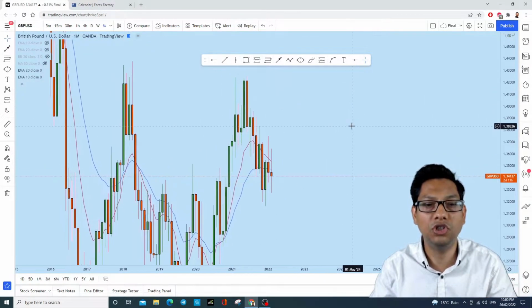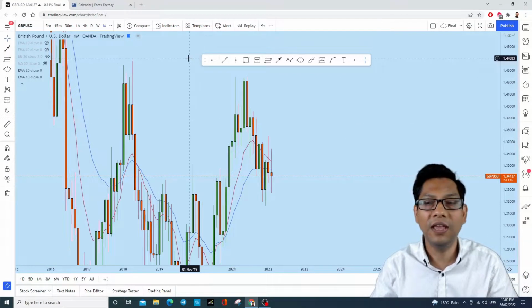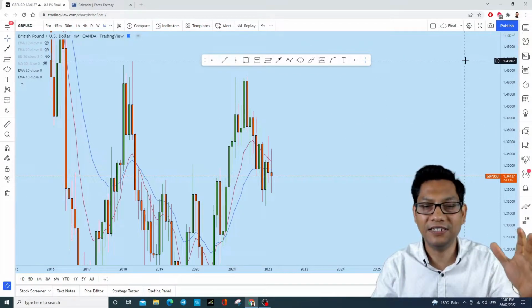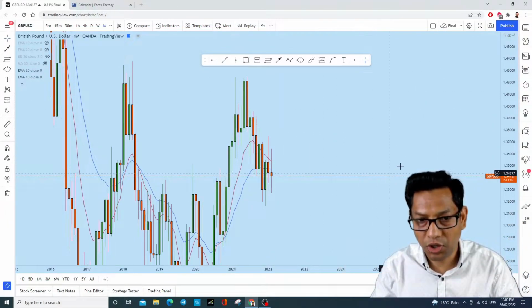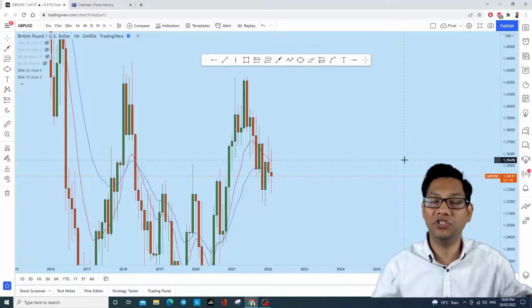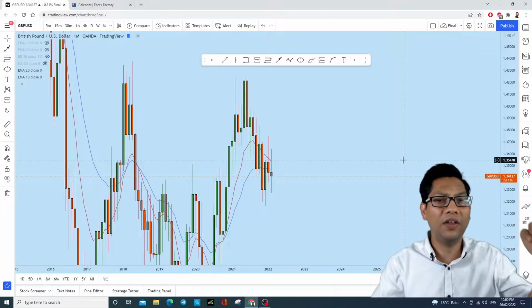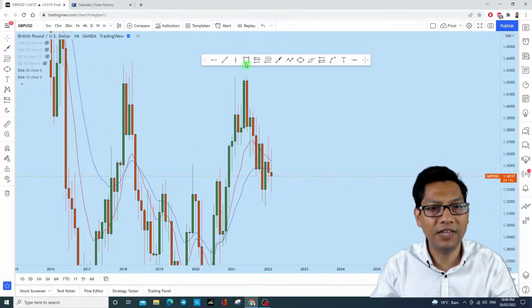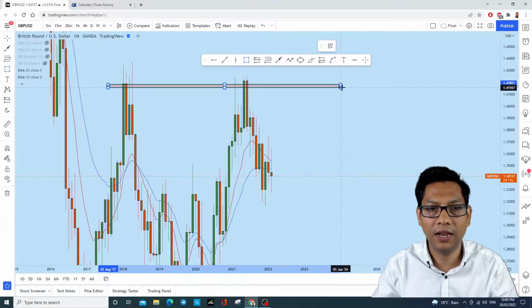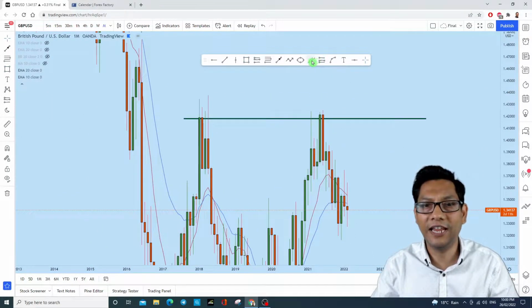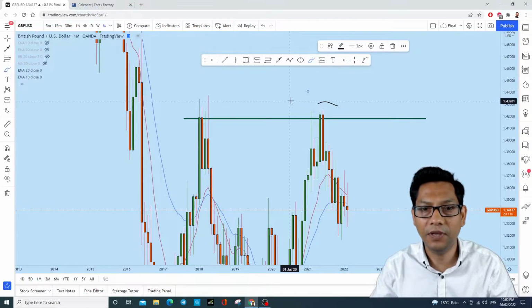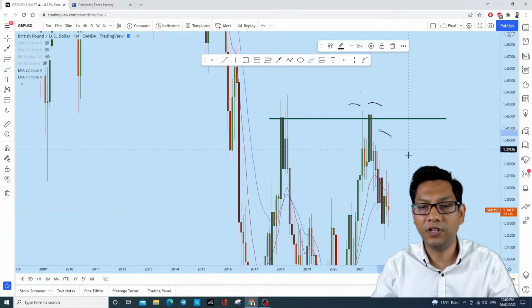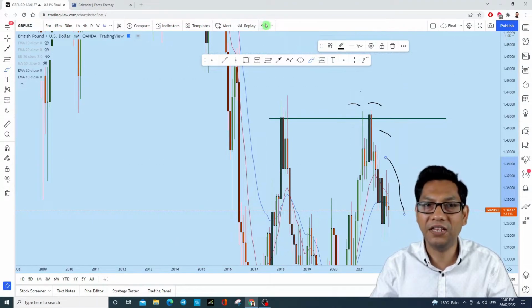So British pound US dollar, first of all, starting with the monthly time frame. What is going on on the monthly? British pound US dollar is now currently bearish. As I mentioned in quite a few analyses, British pound US dollar first created a reversal pattern, a head and shoulders on the monthly time frame here, and after this head and shoulders we see a breakdown to the downside.